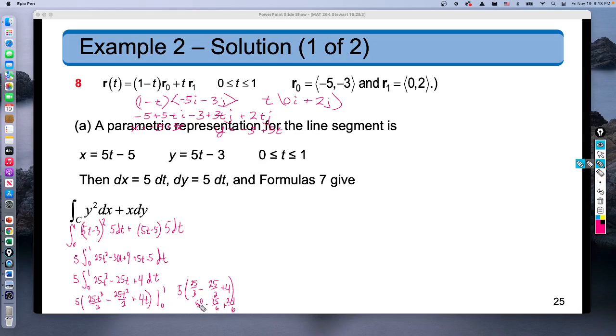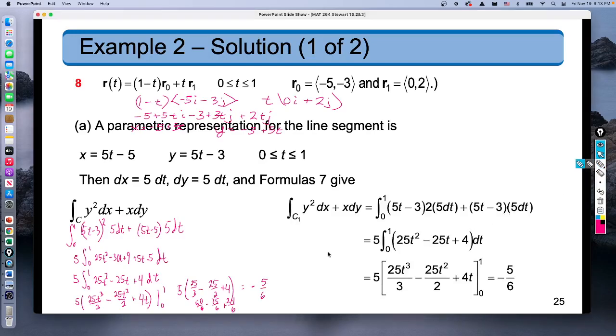So 50 plus 24 is going to be 74 minus 75. So it looks like a negative 1/6 times 5. It looks like we get negative 5/6. So let's see what they came up with in their great wisdom. They did negative 5/6. So this is what was throwing me.